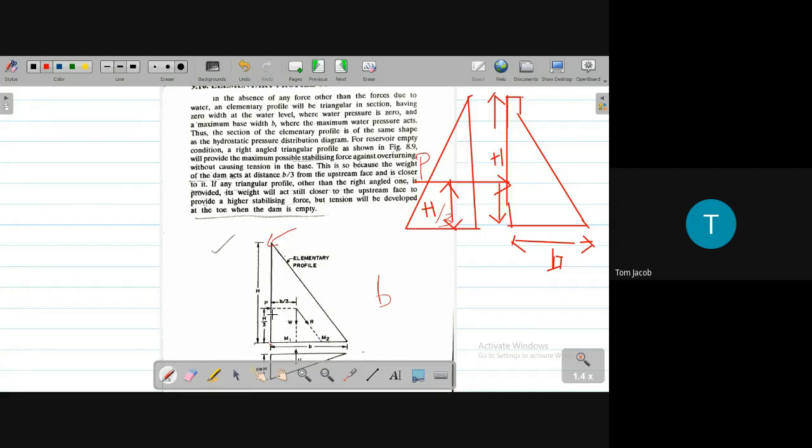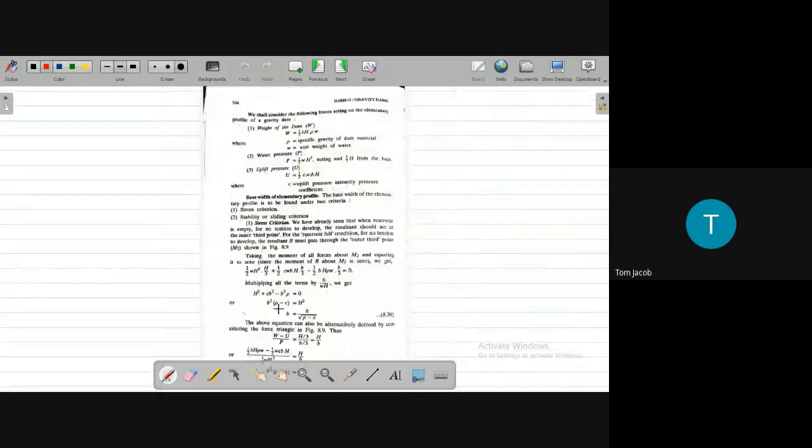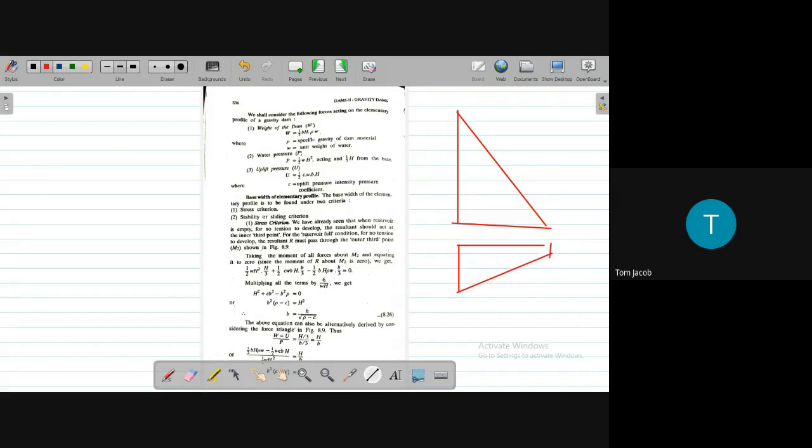Now we will move on to the calculation of forces coming on the elementary profile. First is the weight of the dam. The elementary profile is triangular in shape like this, and we have the uplift pressure diagram.